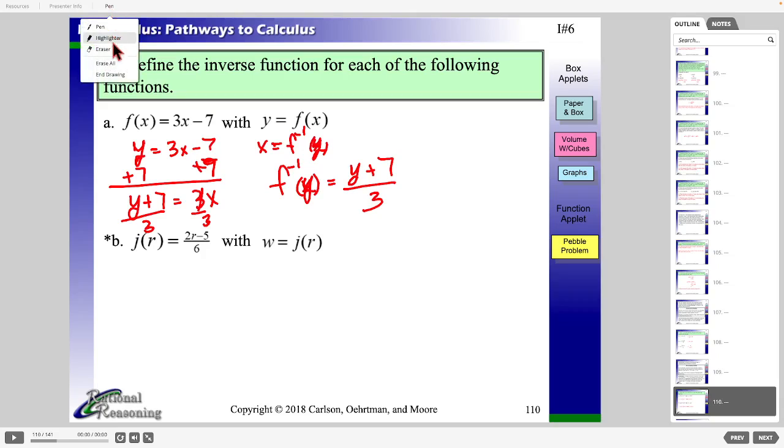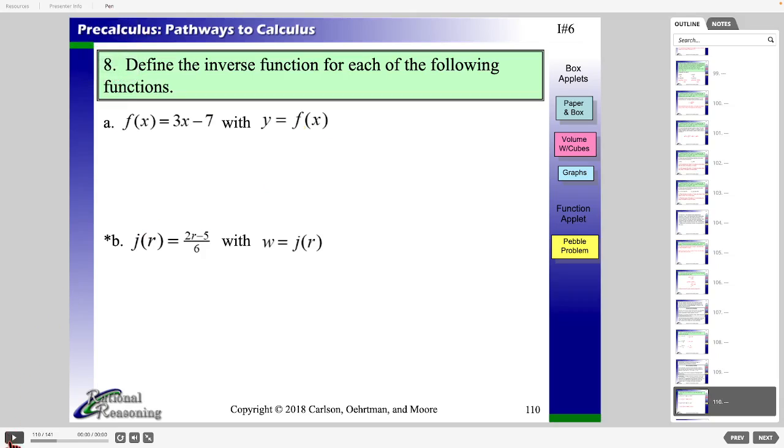I'm going to clear it out and let them work through it. The inverse is 1/3 of y plus 7, or y plus 7 over 3 like I had it. That's the inverse function. Now, the same thing's going to happen here. Think of this as w equals 2r minus 5 over 6.